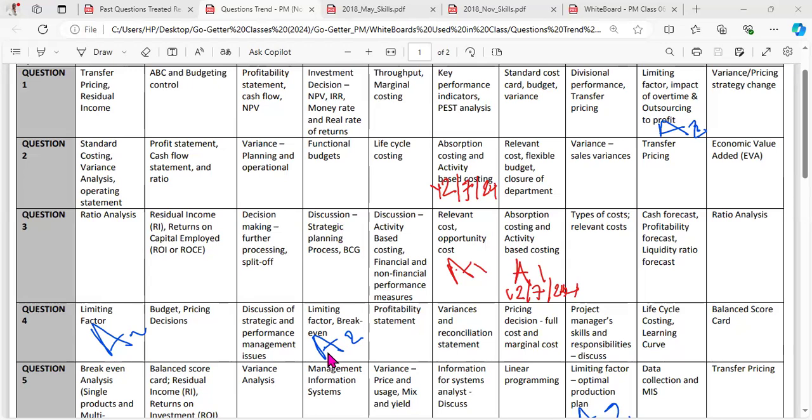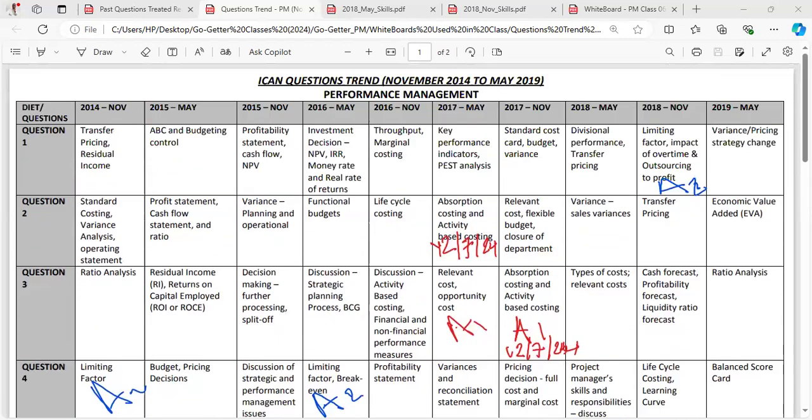We will be taking a few of these assignments on limiting factor so that we can understand that topic very well. So for now, I want to be taking the question number 1 question. I want us to get familiar with the topic before we answer a question number 1 type of question.